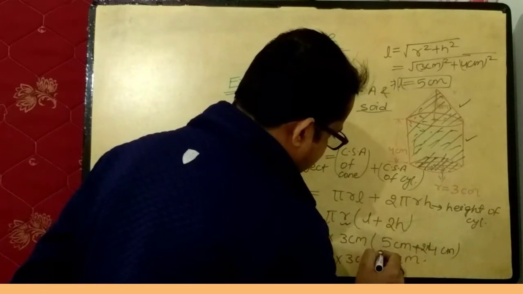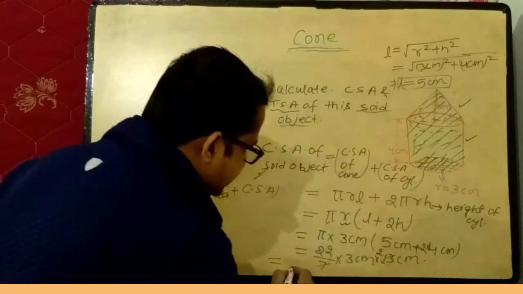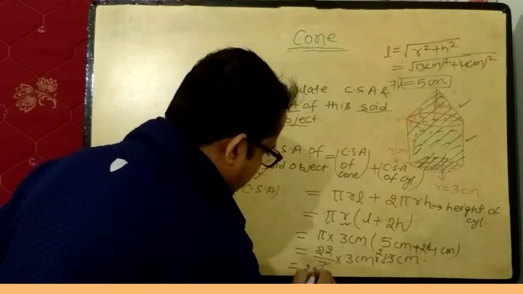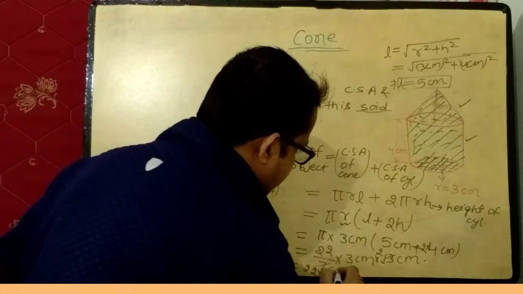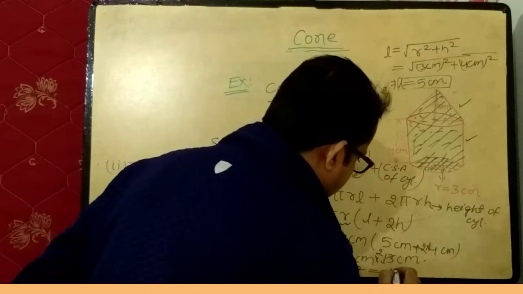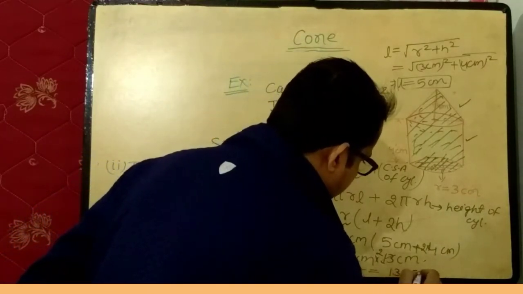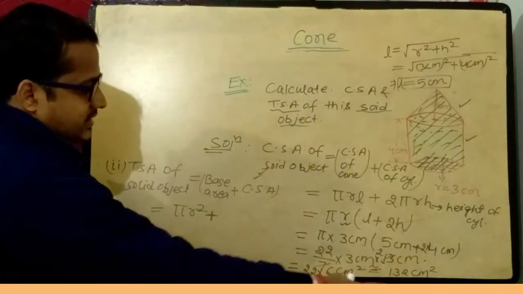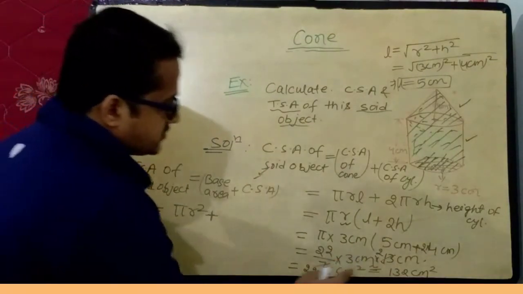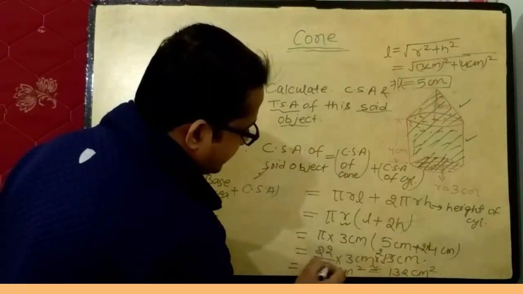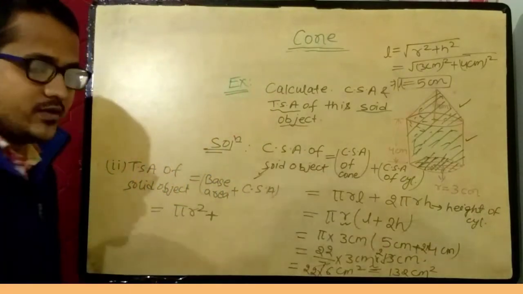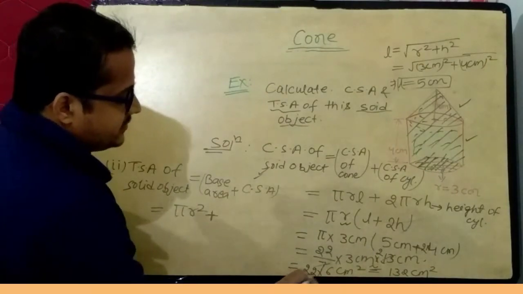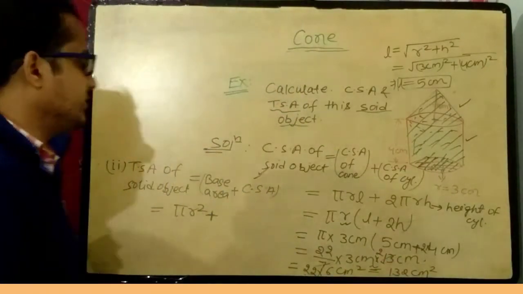While solving it, 22 into 3 into 6 centimeter square, that is 132 centimeter square approximately. This will be somewhat lesser than 132. Why? Because I have cancelled 7 and 13 in 2 times, but this is slightly less than 2, but approximately we can say that this is 132 centimeter square.